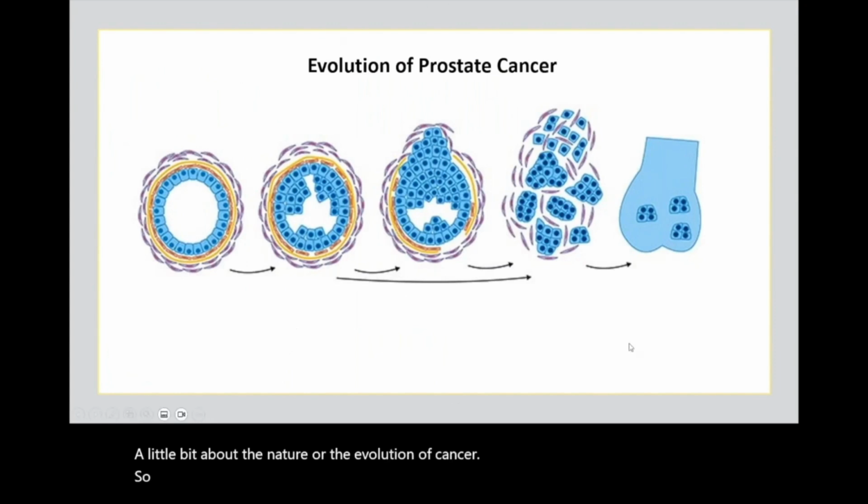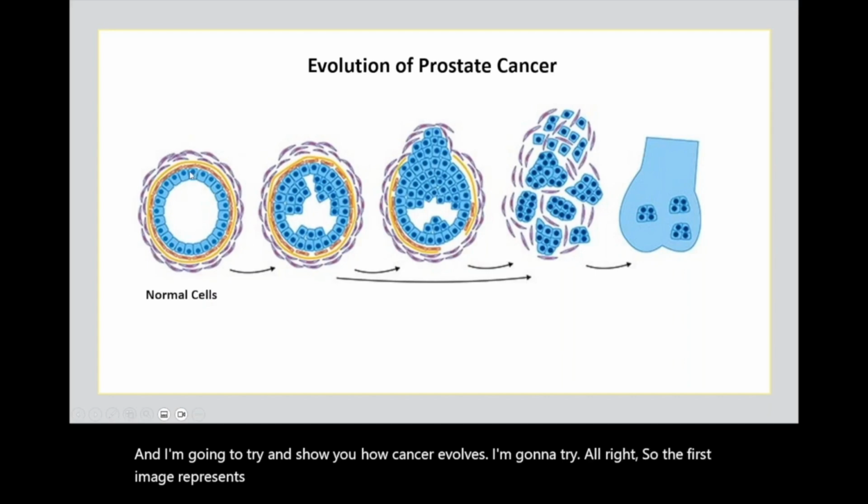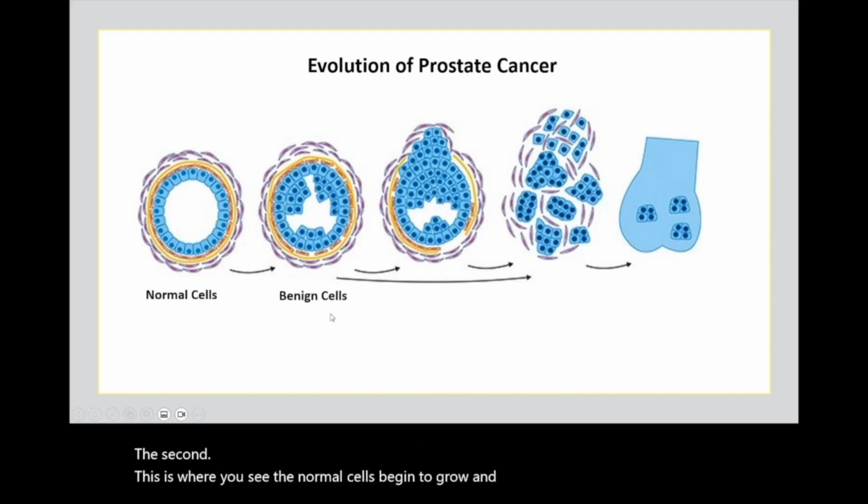This represents the prostate, and I'm going to try to show you how cancer evolves. The first image represents normal cells found within the prostate gland. In the second, you see the normal cells begin to grow and multiply. These are benign cells.